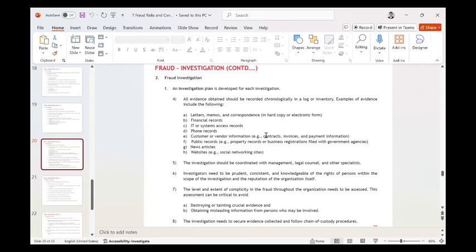So that is important. Whom should you keep informed? Then the gathering of evidence, the different sources of evidence: the cloud, email, data backups, scanners, printers. All that is to be included in your investigation plan.